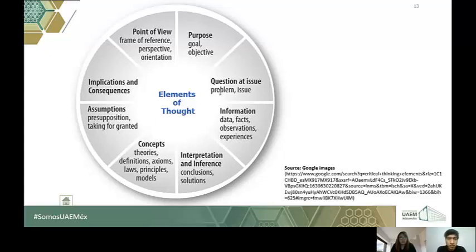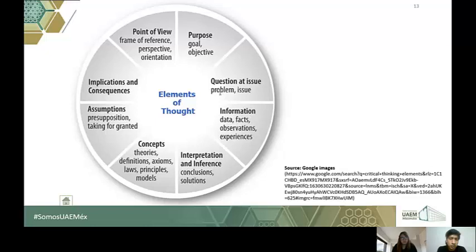Concepts, which are the theories, definitions, axioms, laws, principles, and models that we have. The assumptions, which are the suppositions or what is accepted as given. Implications and consequences. The points of view, frames of reference, perspective, and orientation.